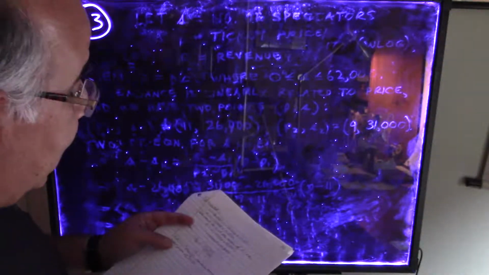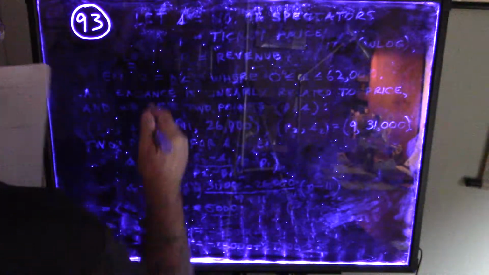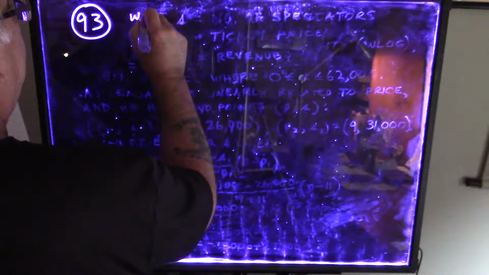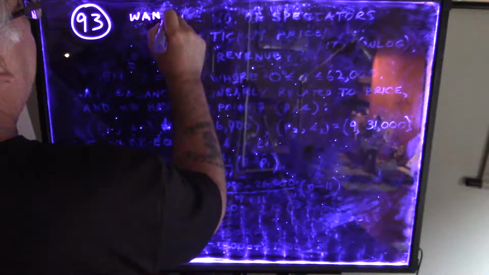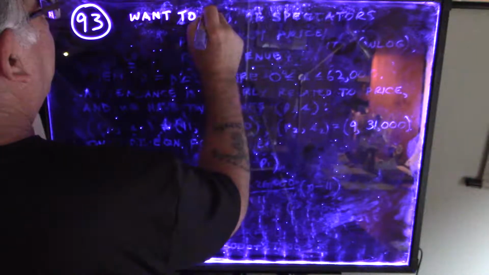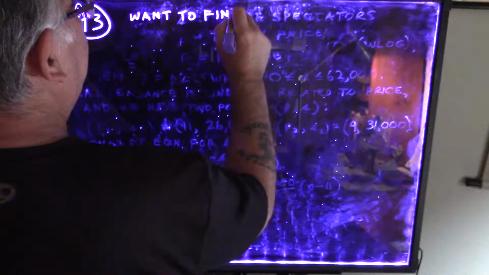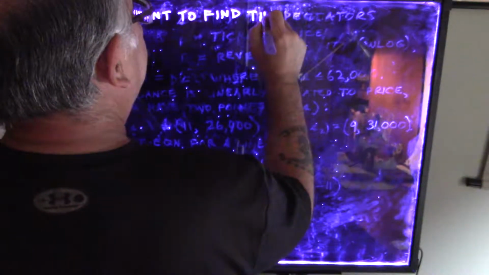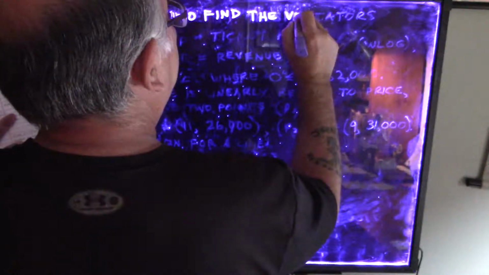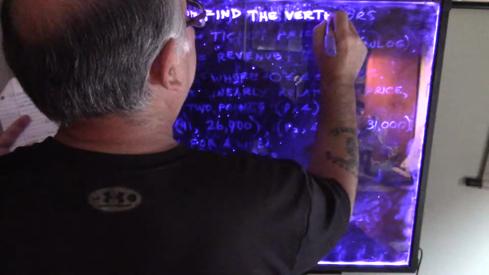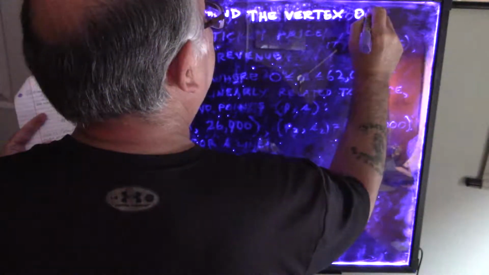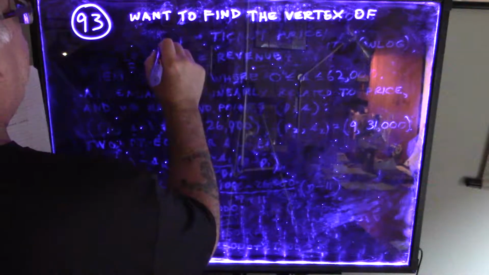Okay, so we want to find the vertex of this function R equals PS.